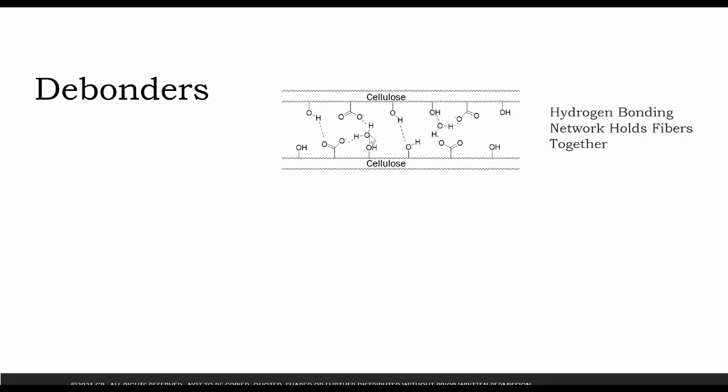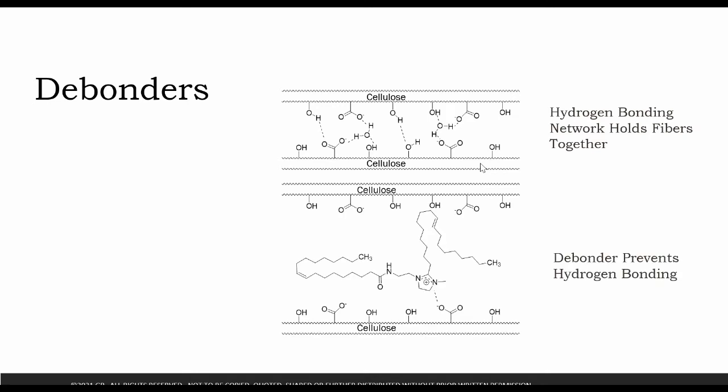They have this hydrogen bonding network forming between the cellulose fibers. And of course, when you make a mat of fiber, you're also creating some fiber entanglement as well. And those two forces are what's really driving the paper strength.